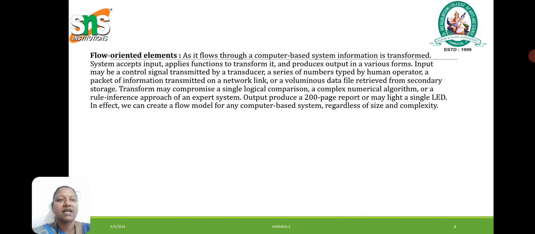As information flows through a computer based system, it is transformed. The system accepts inputs, applies functions to transform them, and produces output in various forms. Input may be a control signal transmitted by a transducer, or a series of numbers typed by a human operator.